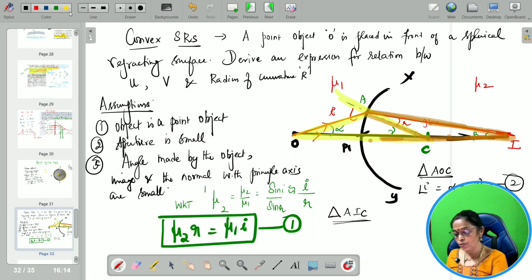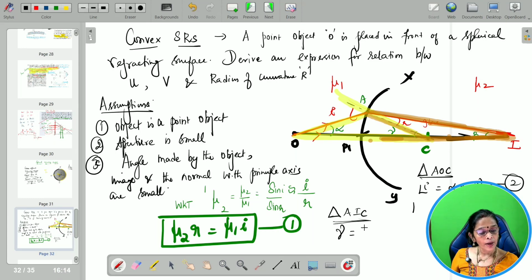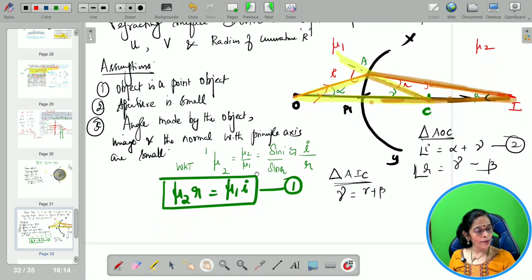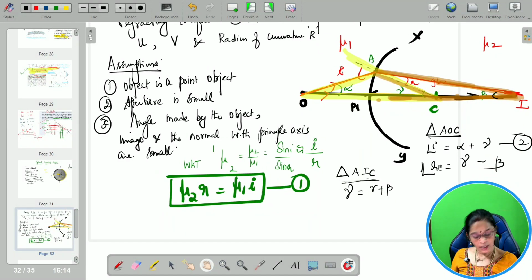In triangle AIC, I should write gamma is equal to R plus beta. So angle R is equal to gamma minus beta. So this is equation number 3.